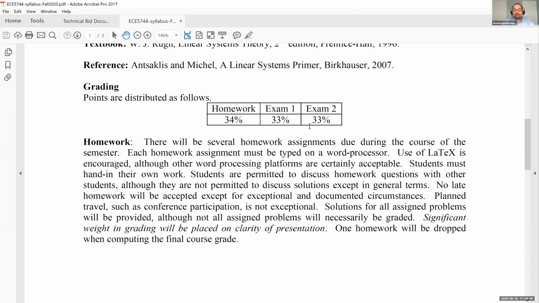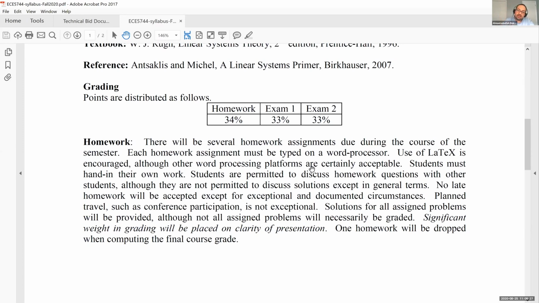Grading: we'll have 2 exams and a set of homeworks. Homeworks, I'll try to make them weekly, but we will see. It depends on how much we cover as we go.